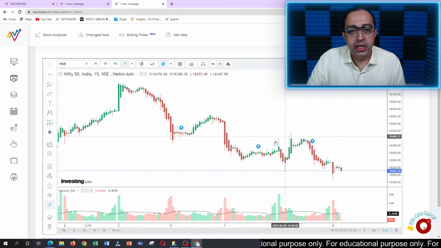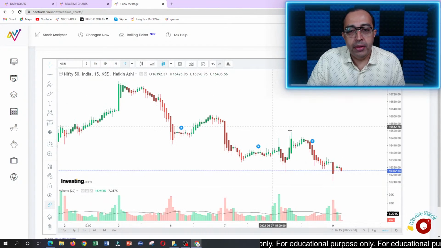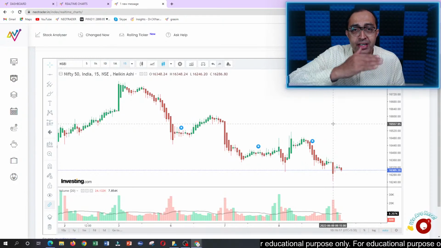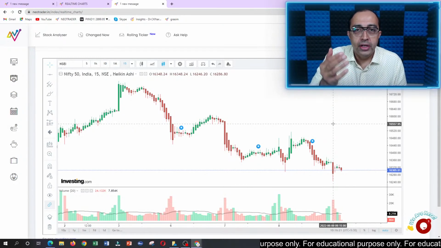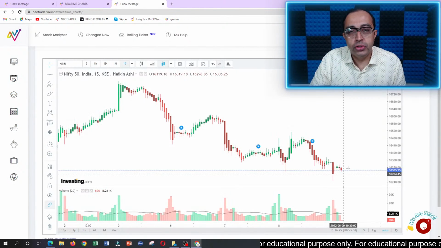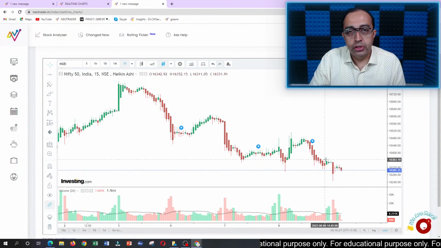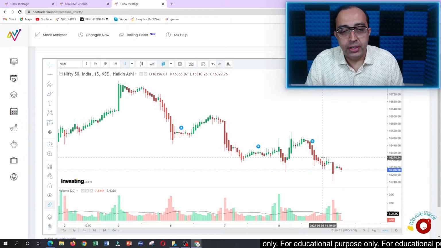Doji is the most prominent because most of the time a trend never continues for a while. The trend takes a break and then it resumes. Either it resumes, which is a continuation, or it gives you a reversal.